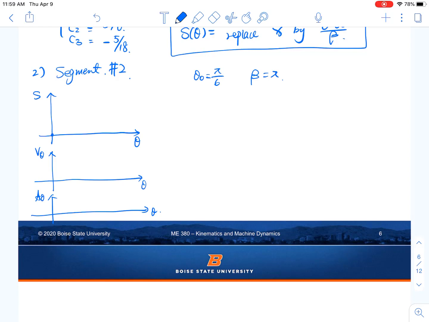That means it starts from theta naught and ends at theta naught plus beta. In this domain the velocity is going to be flat, and your acceleration is all 0, and then your displacement is going to be going up.